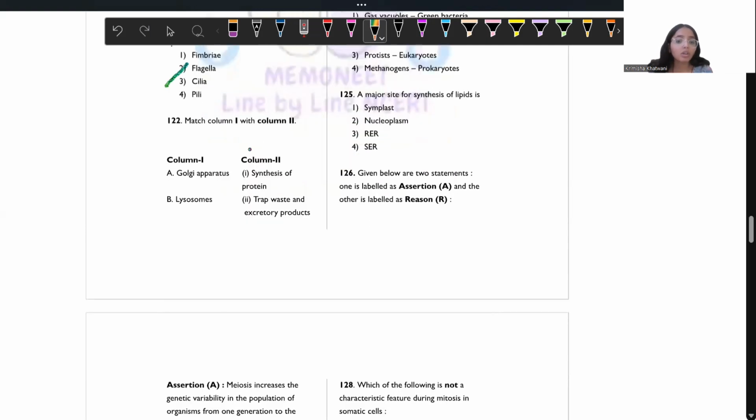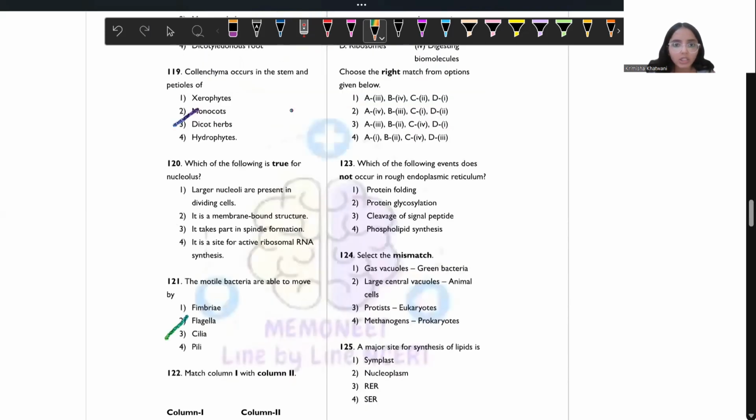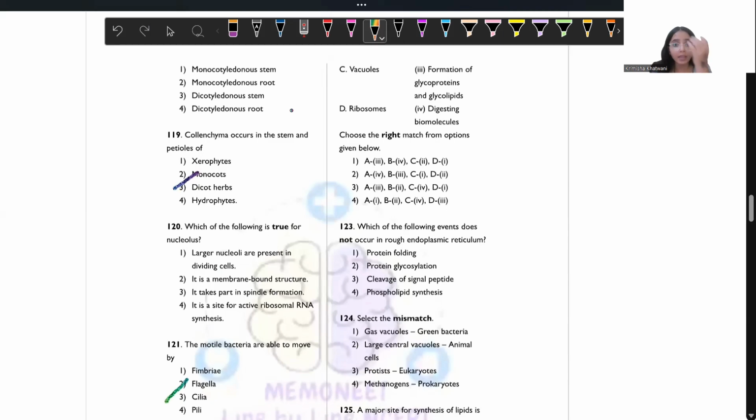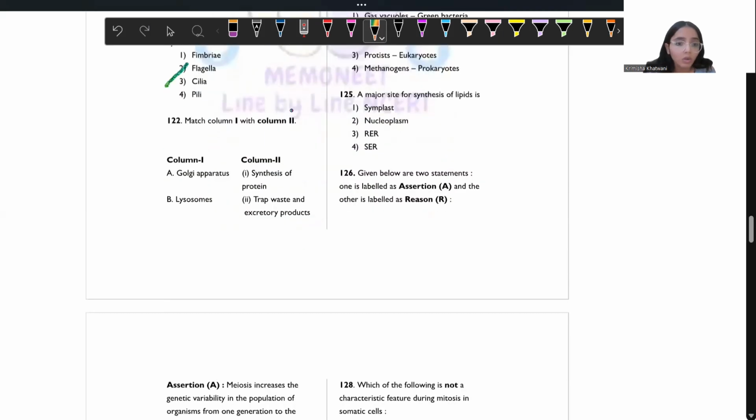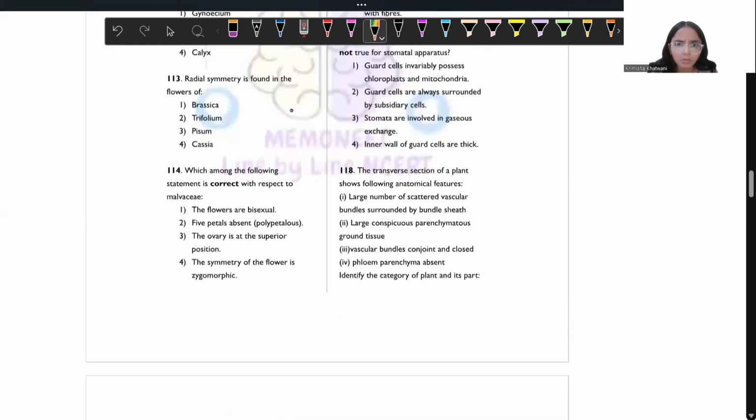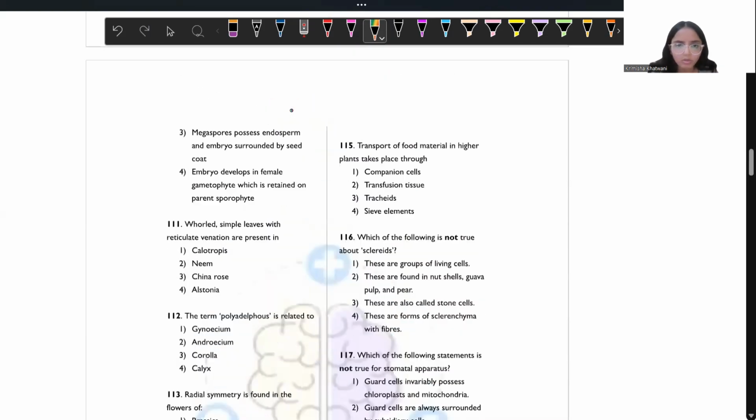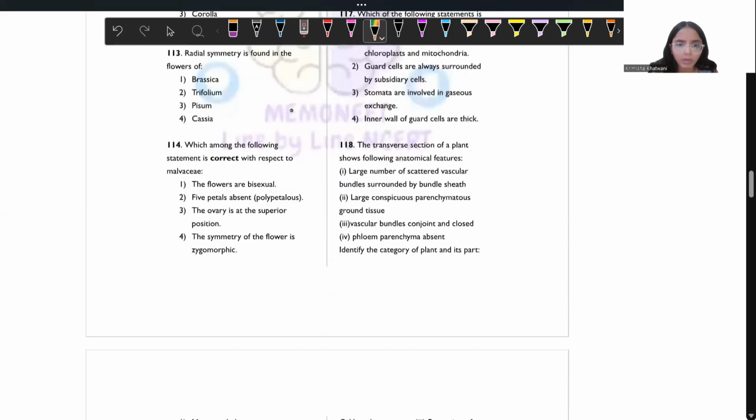122. Match column 1 with column 2. What does Golgi apparatus do? Let us see. Golgi apparatus forms glycoproteins and glycolipids. So A3. What does lysosome do? Trap waste and excretory products. B2. Or let us see other options also.